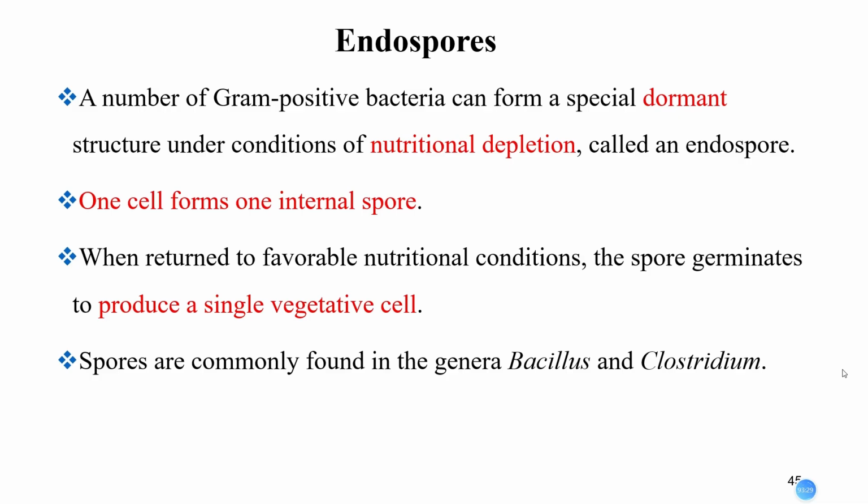One spore can only form one vegetative cell, and this vegetative cell is a growing replicating cell. And yeah, the spores are commonly found in genera like Bacillus and Clostridium. Bacillus and Clostridium. And in future, we'll introduce some important pathogens in this genus, Clostridium bacteria.